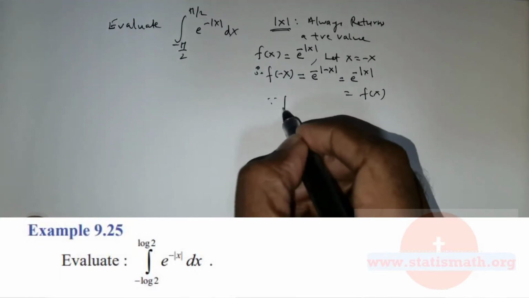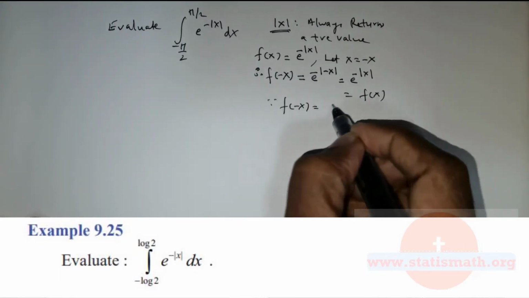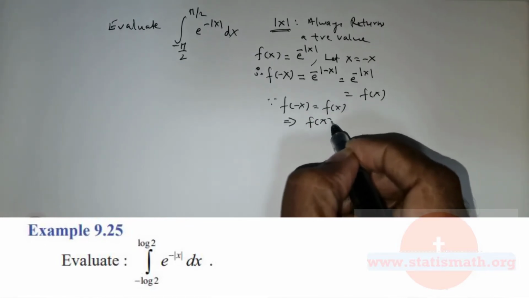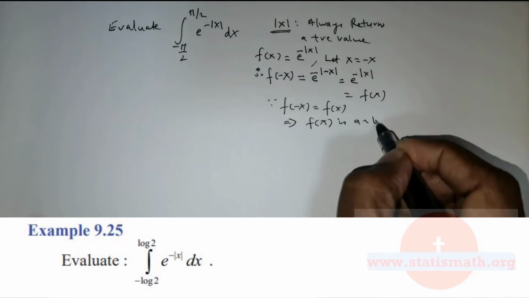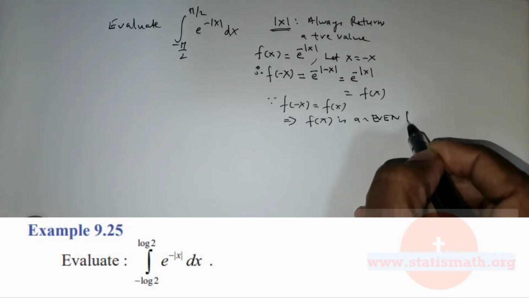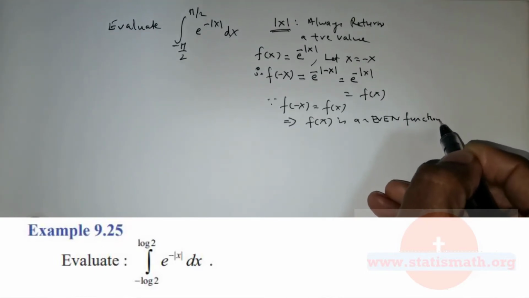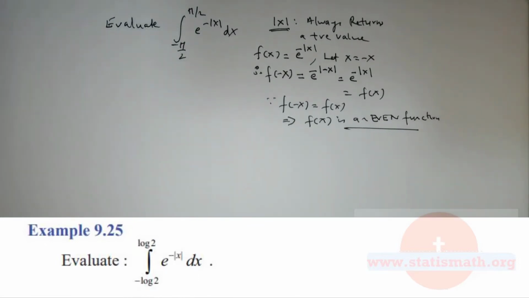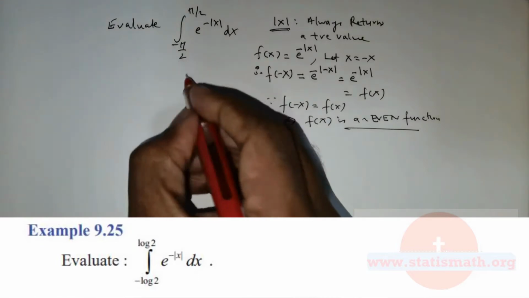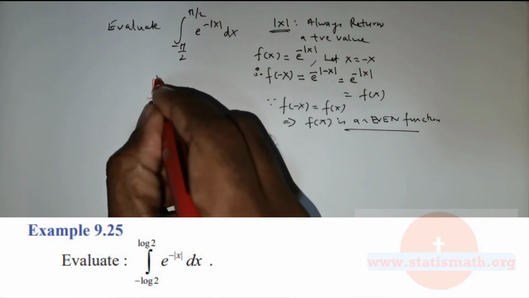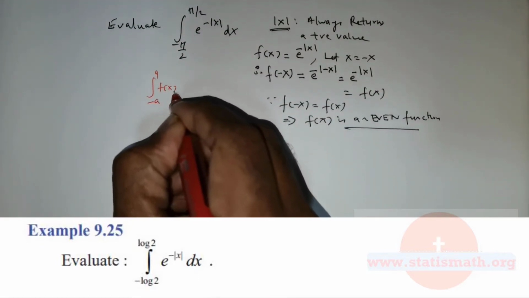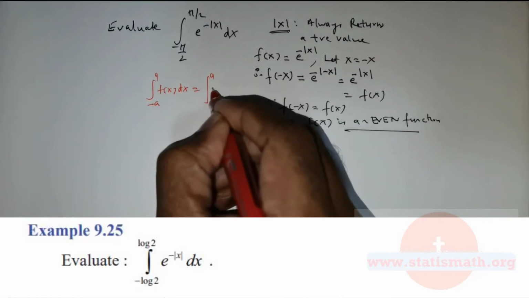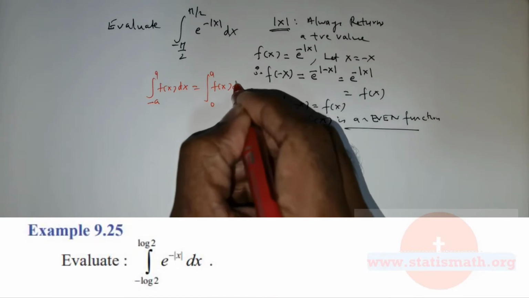Since f of negative x is equal to f of x, this implies that f of x is an even function. When the function is even, it gives you the liberty of writing the integral from negative a to a of that function as 2 times the integral from 0 to a of f of x times dx.